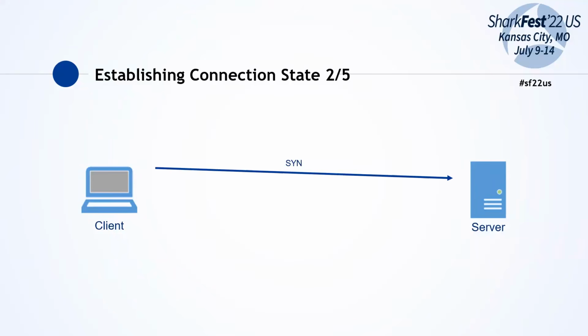Once again, the client is sending a SYN. Now the server sends something else back. It sends a reset. Does anyone know what that means? Any idea what sending a reset means?